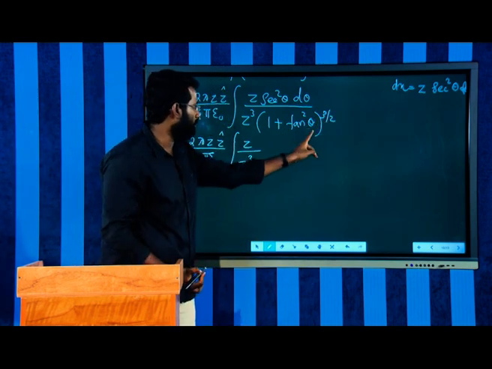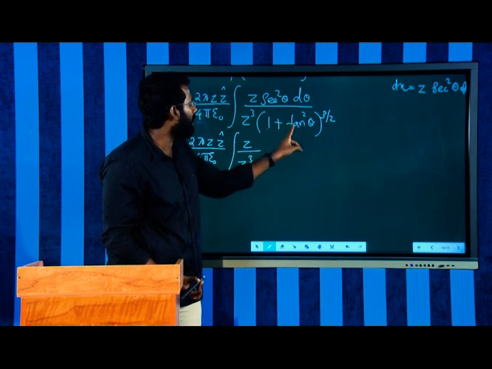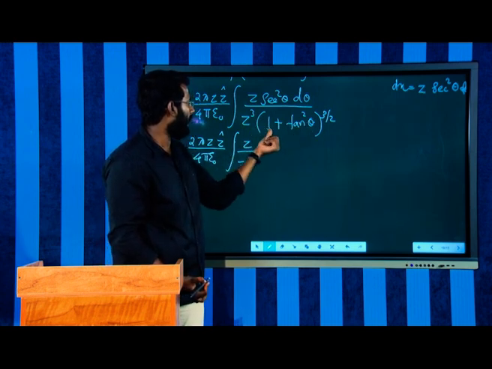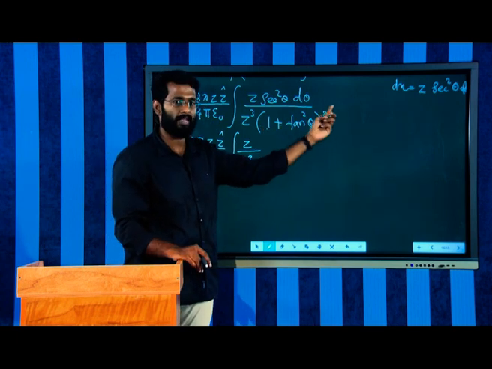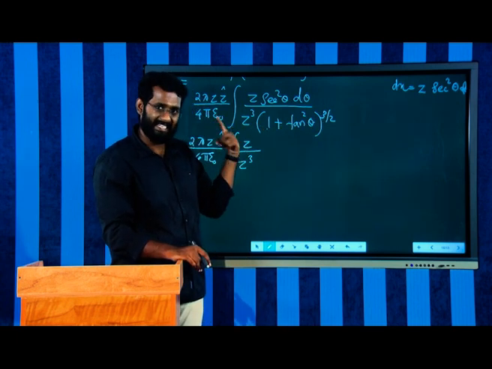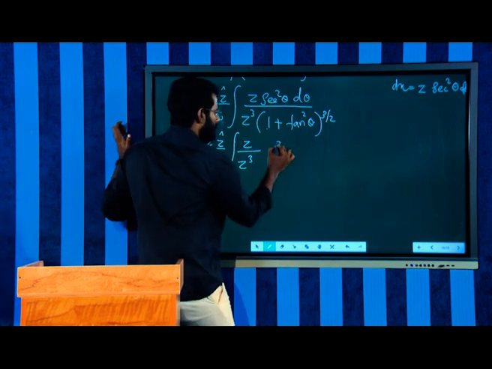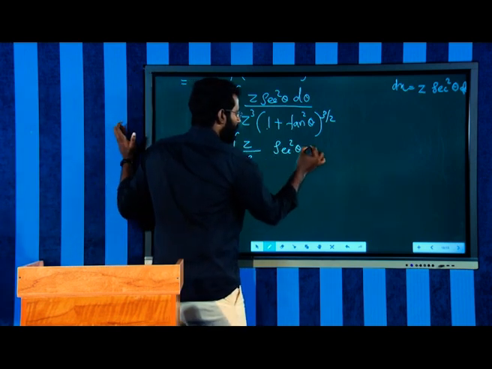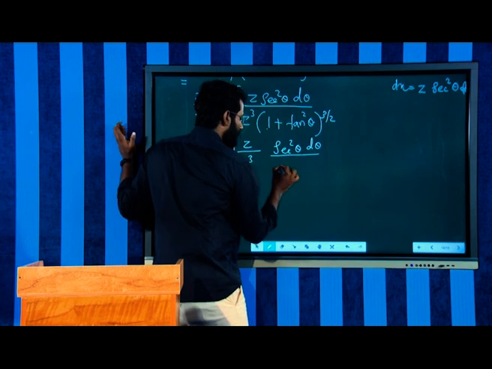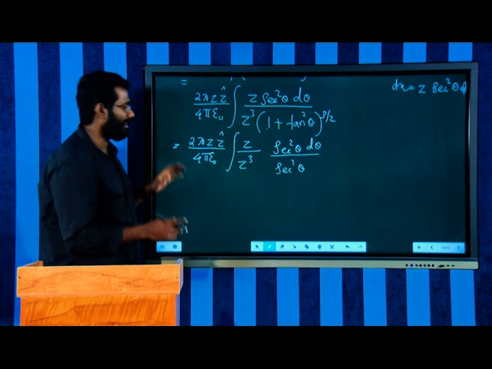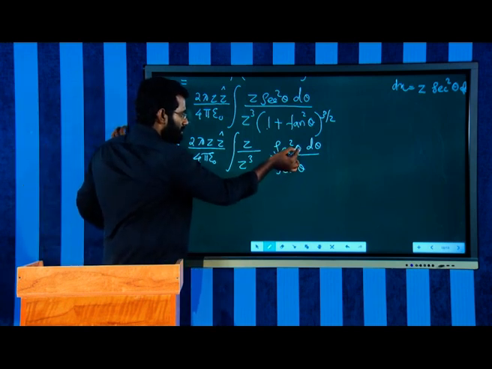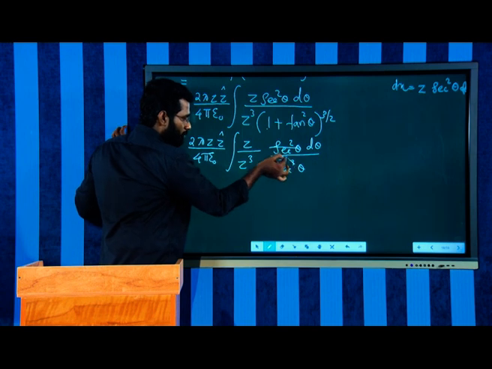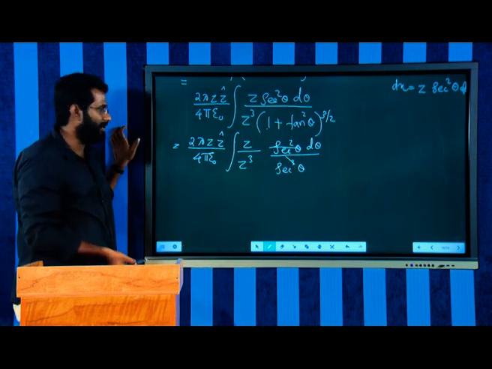That term in the bracket wholly becomes sec square theta, and the whole raised to 3 by 2 becomes sec cube theta. So, sec square theta d theta divided by sec cube theta. Now we can cancel this sec square theta with this sec cube theta, there remains only a sec theta.